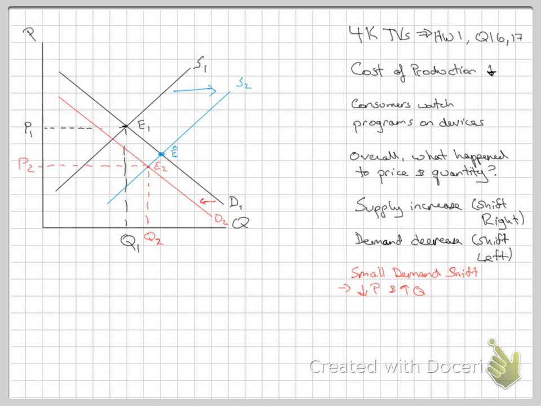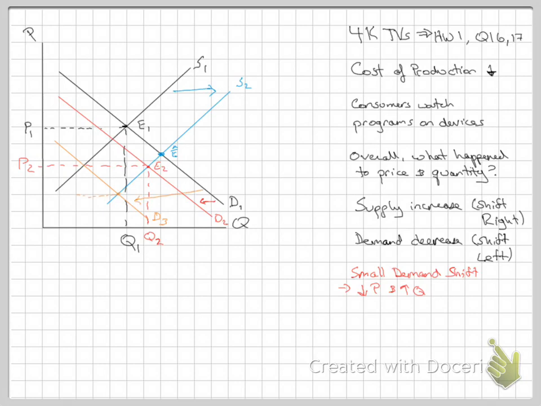Let's see this a little bit more fully by looking at what happens if we have a big decrease in demand. So imagine that everybody stops buying televisions because everybody's watching TV on their smartphone. Now we've got this big decrease in our demand curve to right there. Okay, so now we'll say D3 is really far to the left. We'll go all the way out to here.